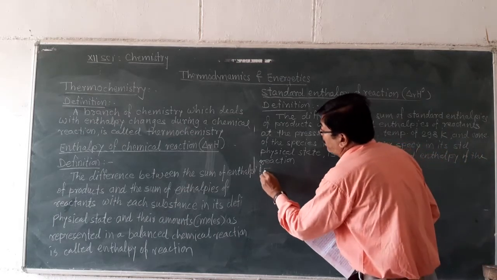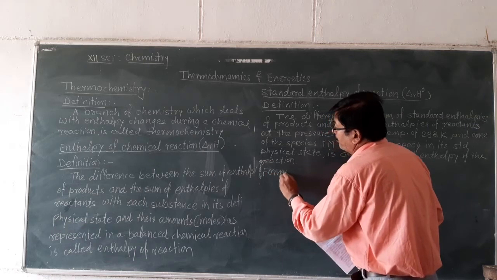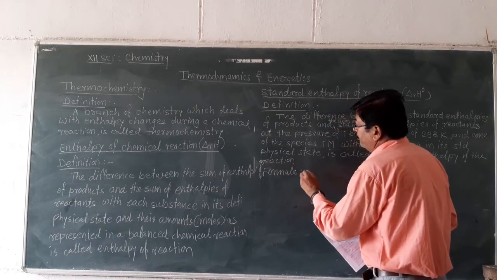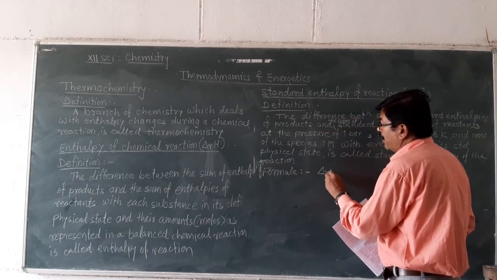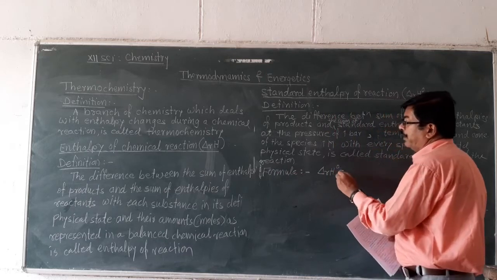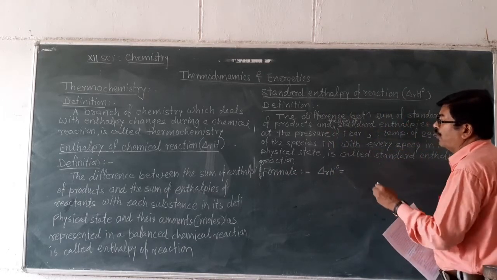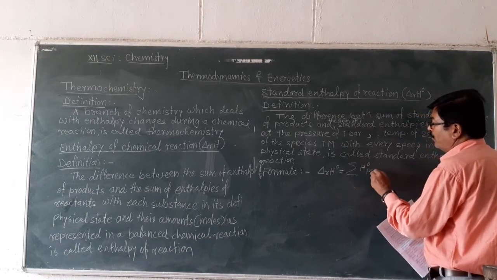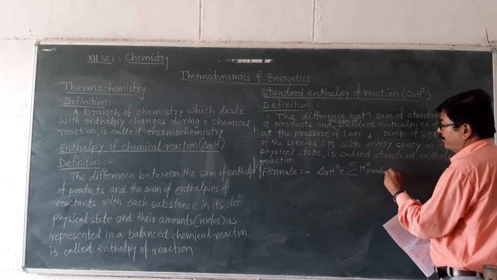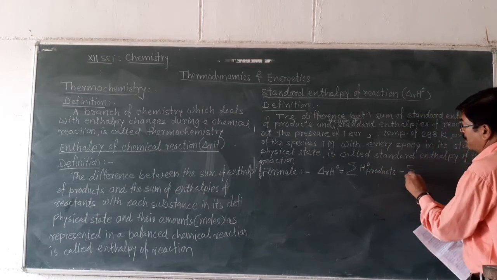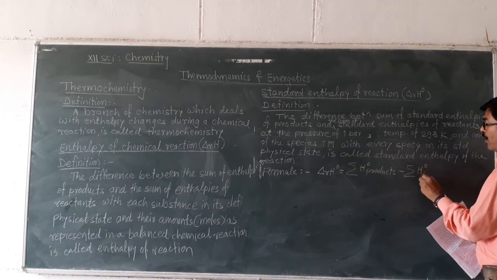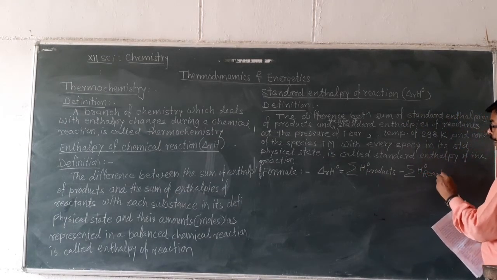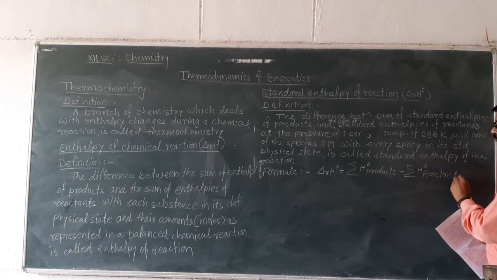Now what is the formula? Standard enthalpy of reaction delta R H naught is the summation of standard enthalpies of products minus the summation of standard enthalpies of reactants. This is the formula.